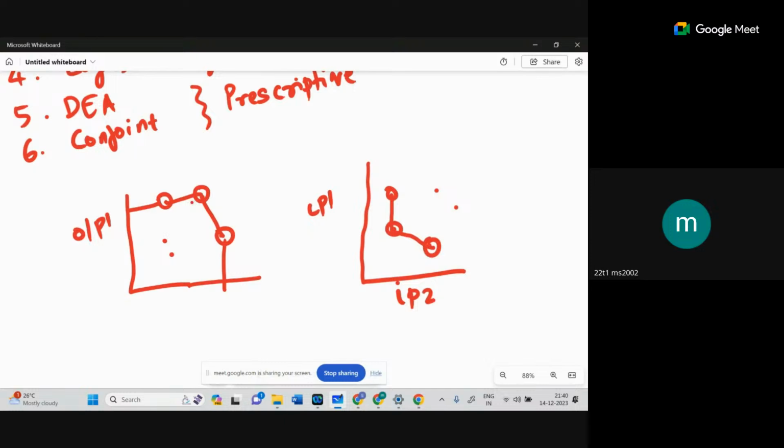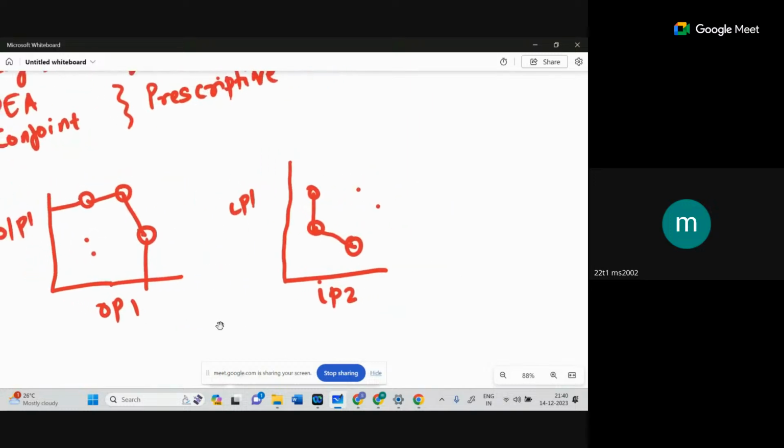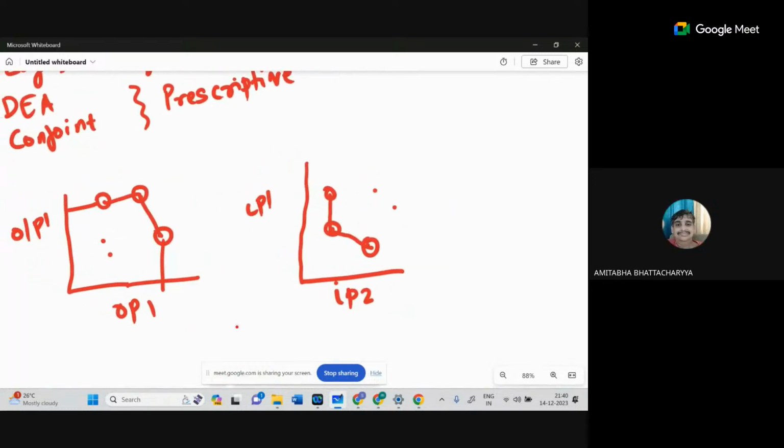Okay, let's look at it. So what is efficiency? Output by input. So if you want to improve the efficiency, or if you want to say something is efficient, output should be high and input should be low, right? So here, this is input 1 and this is input 2.